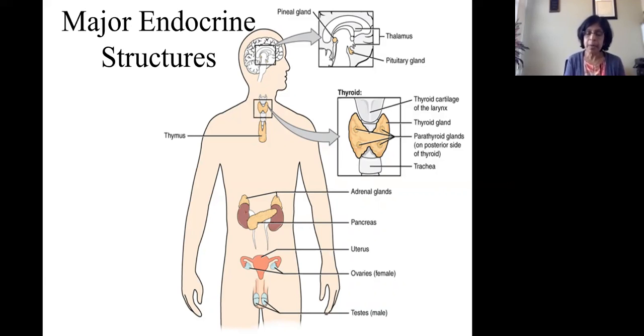Some glands are strictly endocrine. Think about thyroid or adrenal. They have no other role but to make hormones. Similarly the anterior pituitary. Hormone production is their key function. Some have a major endocrine function along with some other major functions.